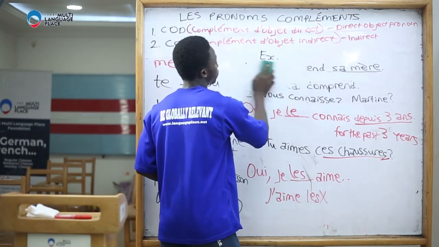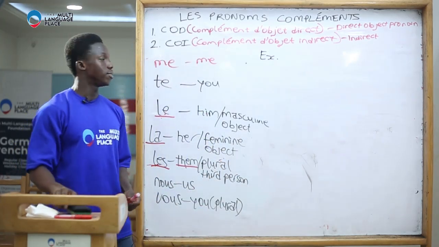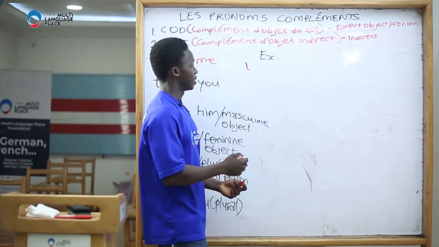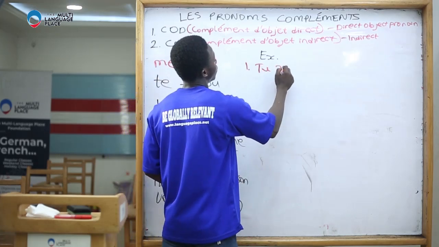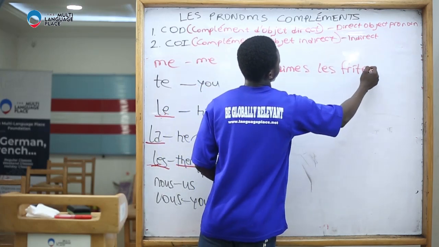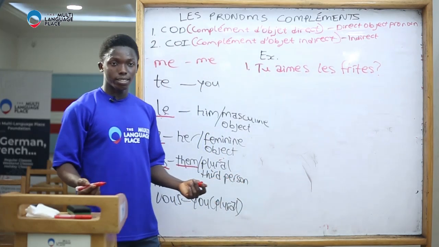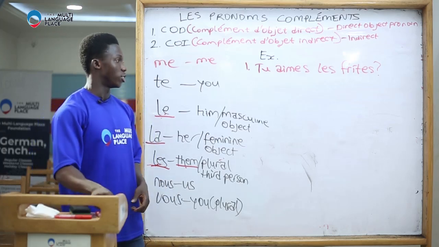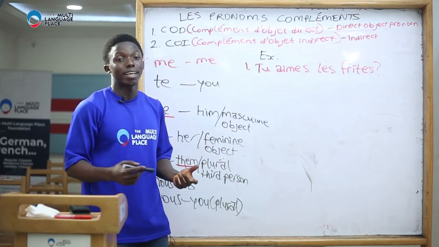So let's see other examples in the negative form. What if I have a question that says, tu aimes les frites? And I want to respond in the negative. How do I respond? I want to say, no, I don't like fries.